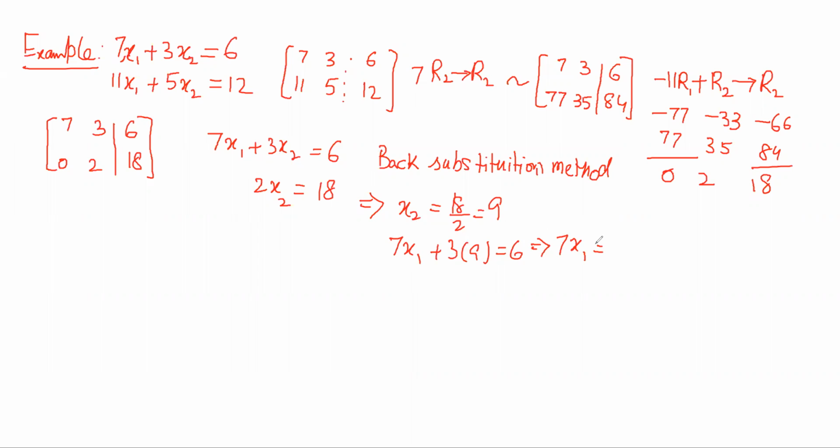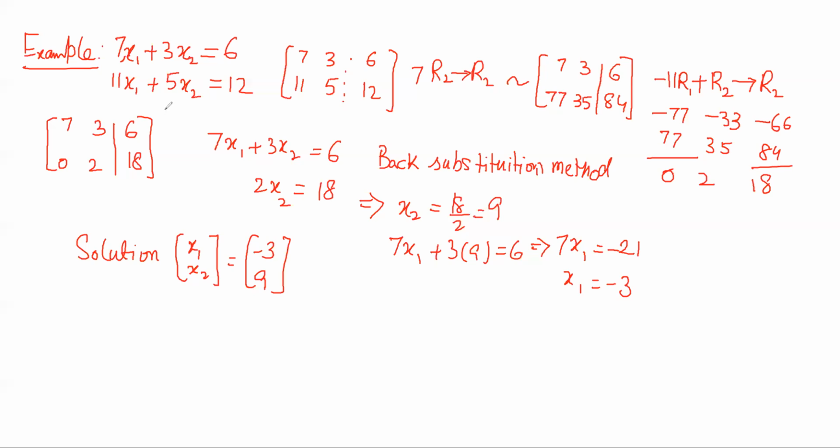Yeah, minus 21, and then x1 will be equal to minus 3. So the solution is x1, x2 equal to minus 3 and 9. This is the solution.